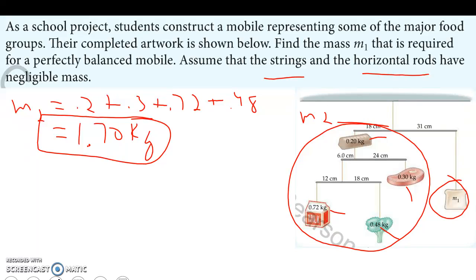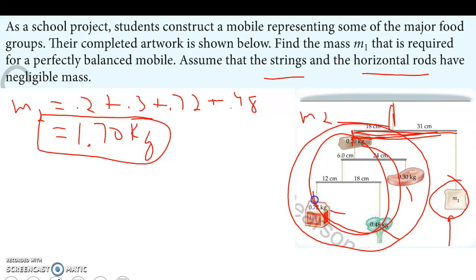Why I did that is because in the end, this is the only rod that's important to find the mass of 1. And this end of the rod is going to hold up all of these masses. So all this other information, though important to make themselves balance, is not important for what we're trying to solve for.